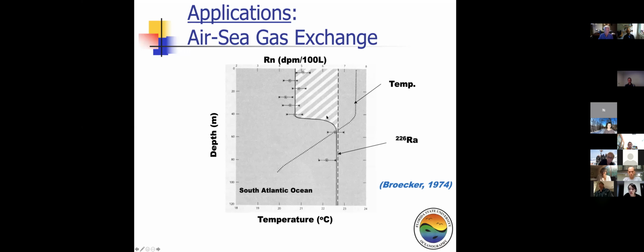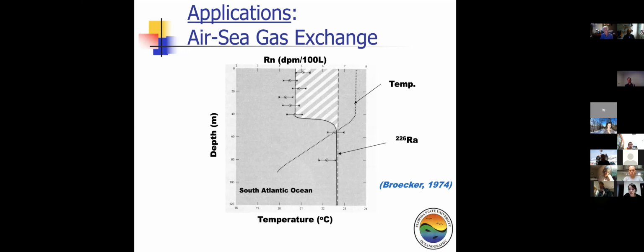But when you get up to the shallow mixed layer, which is about 40 or 50 meters deep at this station, there's a deficiency in radon. Presumably, what's happened is the radon that would be here has been lost to the atmosphere.